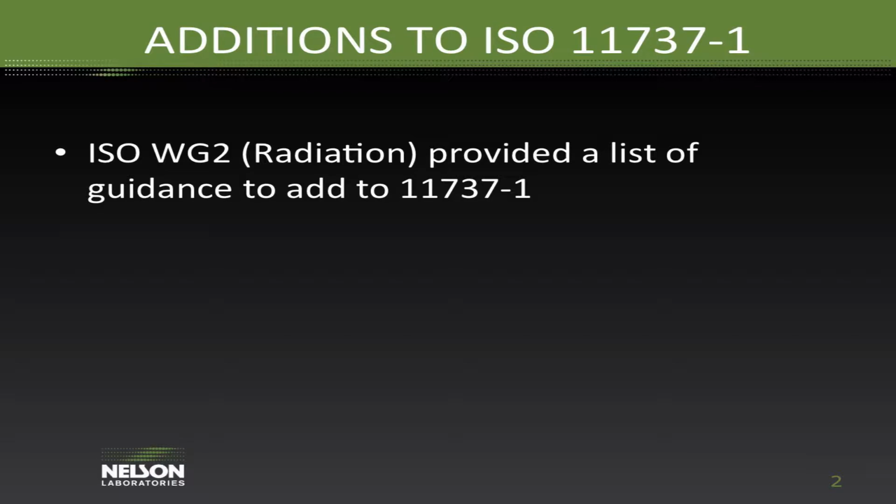Okay, so just a little bit of background. A couple of years ago, ISO Working Group 2, that's the radiation working group, came up with a list of items that they wanted Working Group 8, that's the microbiological methods working group, to add to the Bioburden standard.